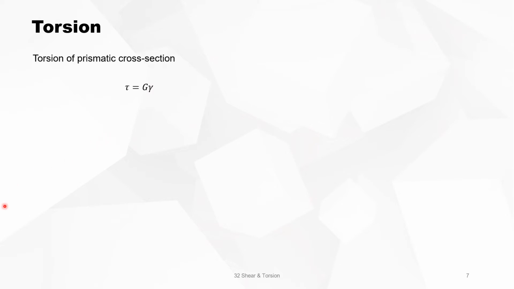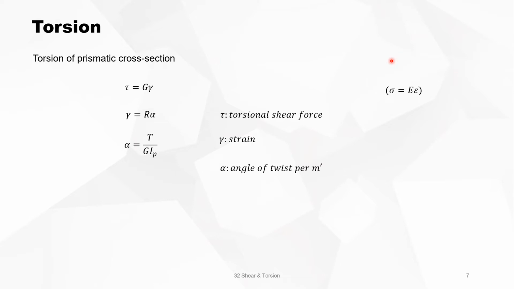Torsion of prismatic cross sections. Tau is G times gamma, with tau the torsional shear stress and gamma the strain. You can compare it with the classic formula, sigma is E times epsilon. This is in fact the same type of elements. Gamma is r times alpha. Alpha is the angle of twist per meter, and alpha is then the torsional moment divided by G Ip. And you can compare this with M over EI equals epsilon over y for bending. It's a similar type of equation.